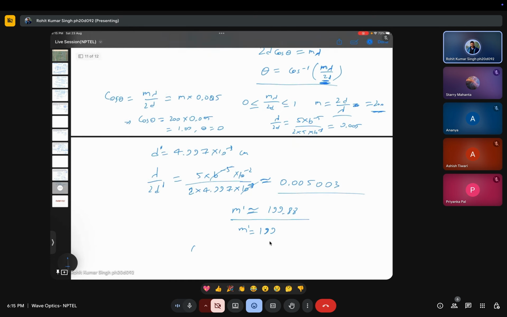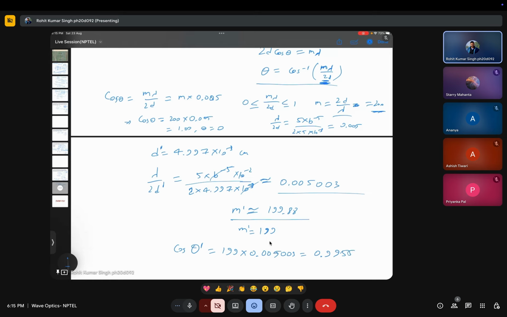And then theta prime you can calculate. So basically cos theta prime will be 199 into 0.005003. This should be 0.9955.